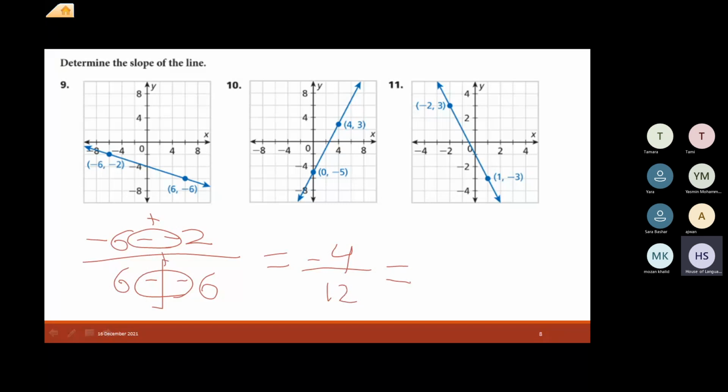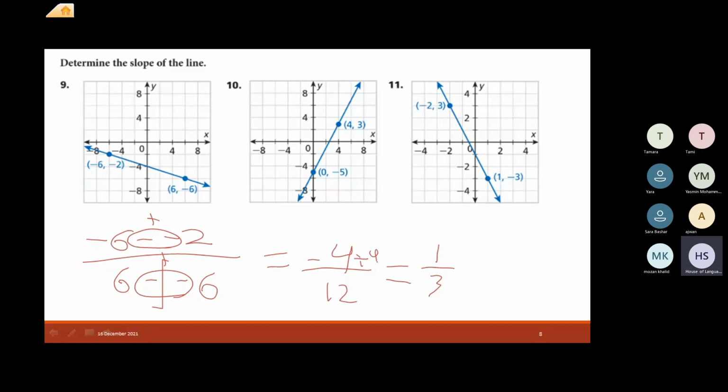1 over 3. 1 over 3. So here is the answer. Thank you. How? It's 4 over 12, not 12 over 4.